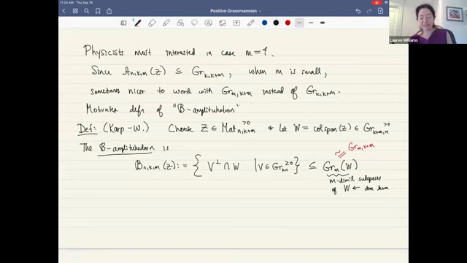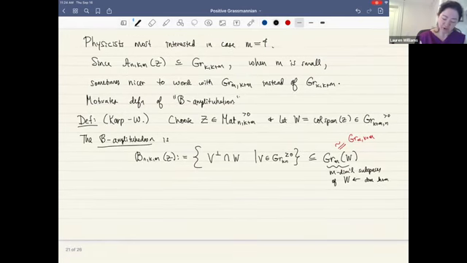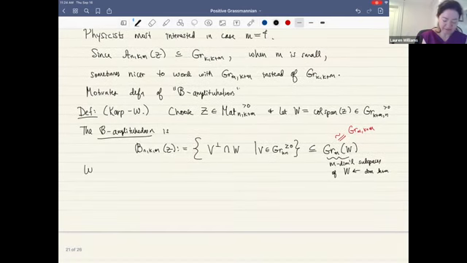Okay, so let me just say a few words to motivate this definition. So why is this a good definition to make?